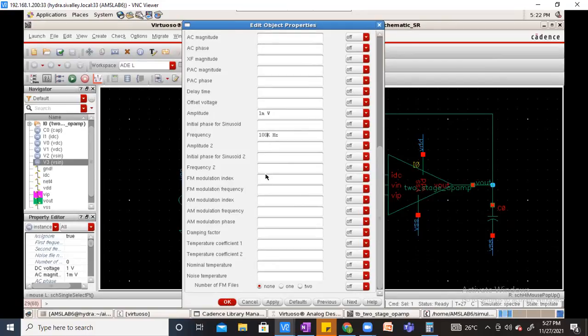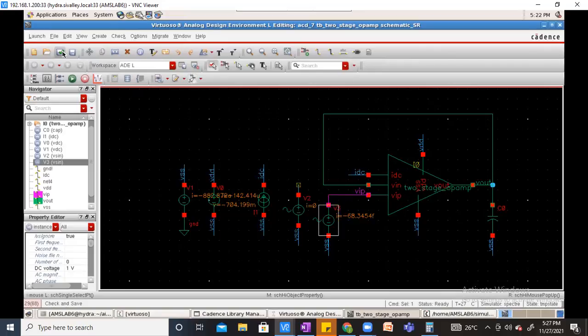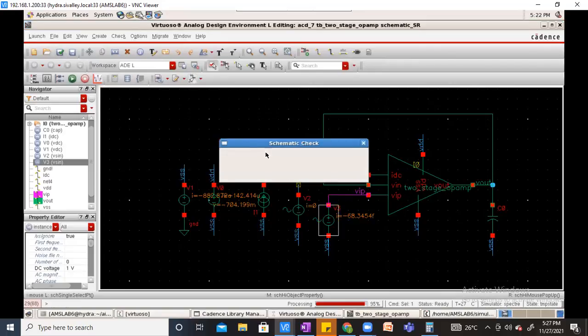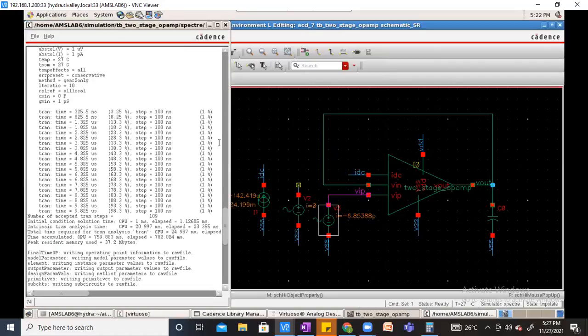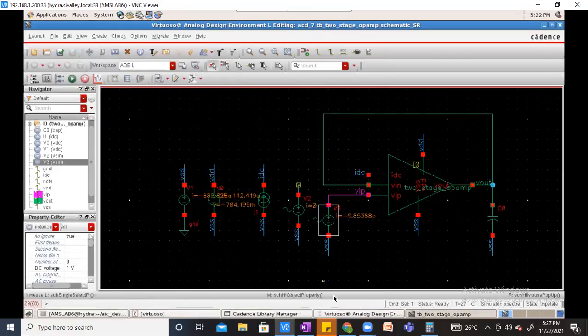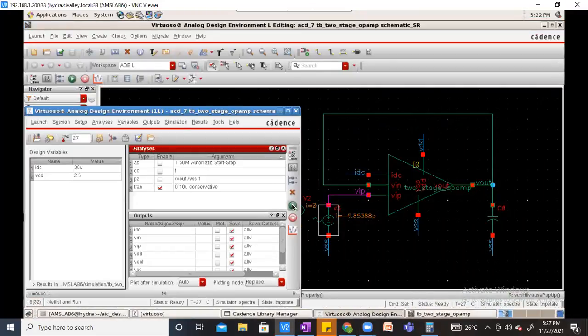See, 1 kilohertz is how much? It's 1 millisecond, right? Your simulation time is... It's working fine, I guess.